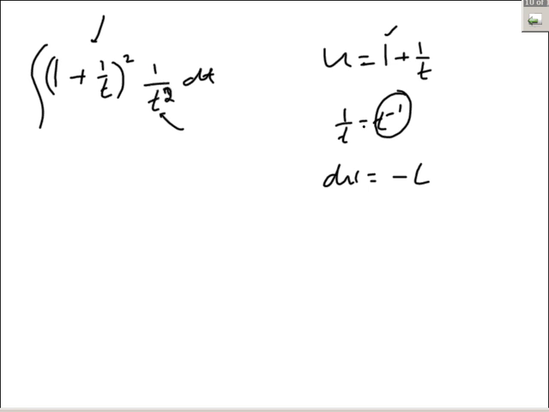Bring down the power, make the new power 1 less. That's the derivative, dt. For du, you have to put the dt on the other side. But this is the same as negative 1 dt over t squared.